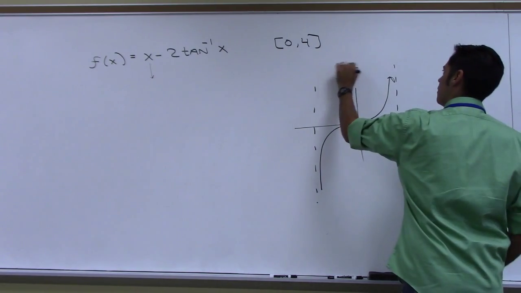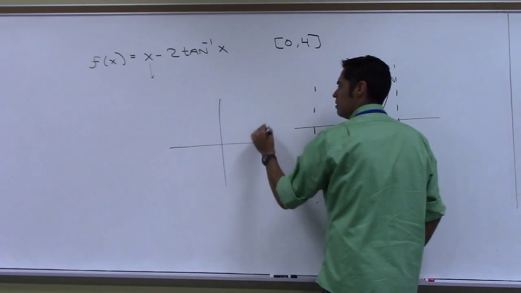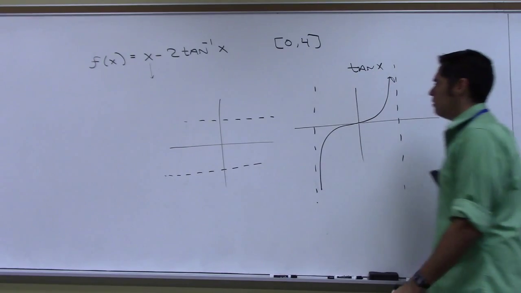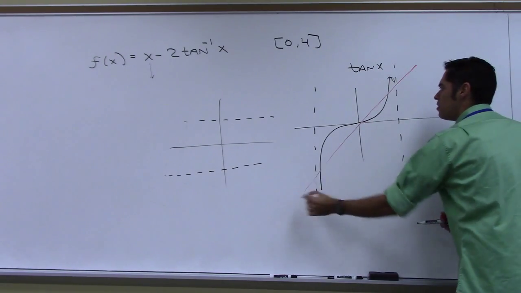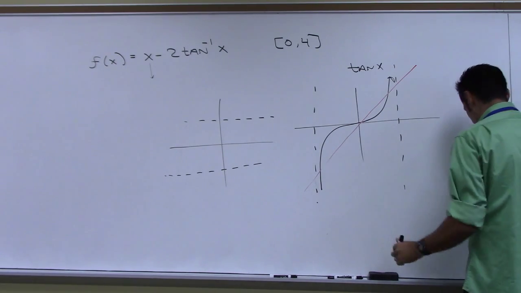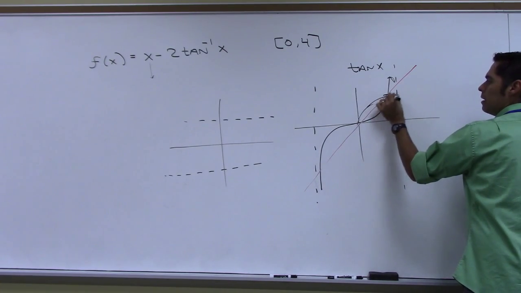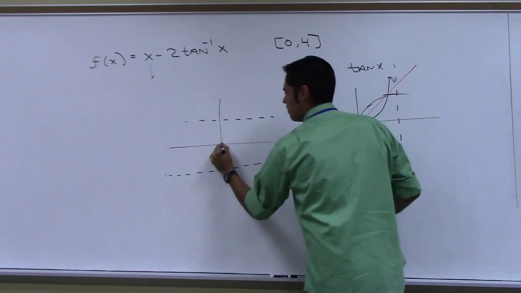This is tan x. Do you remember this? Didn't you learn in college algebra or something like that that all inverse functions are reflections over the identity? So like this, the inverse of tangent should look like this, something like that.